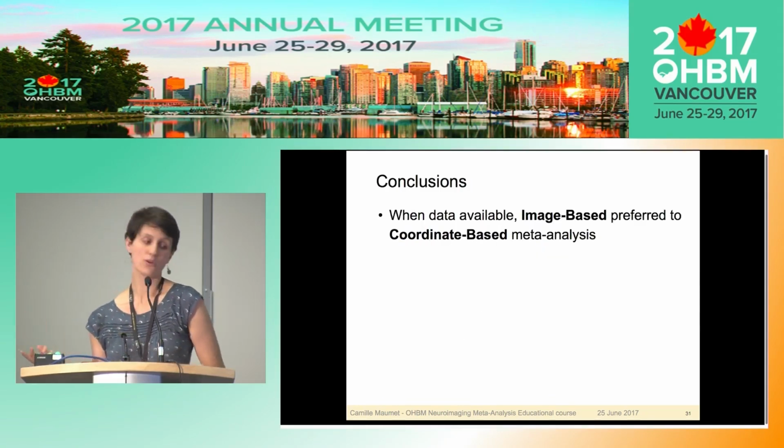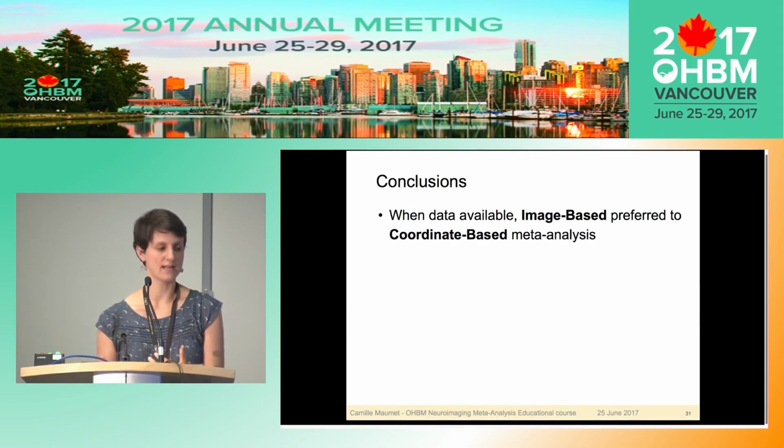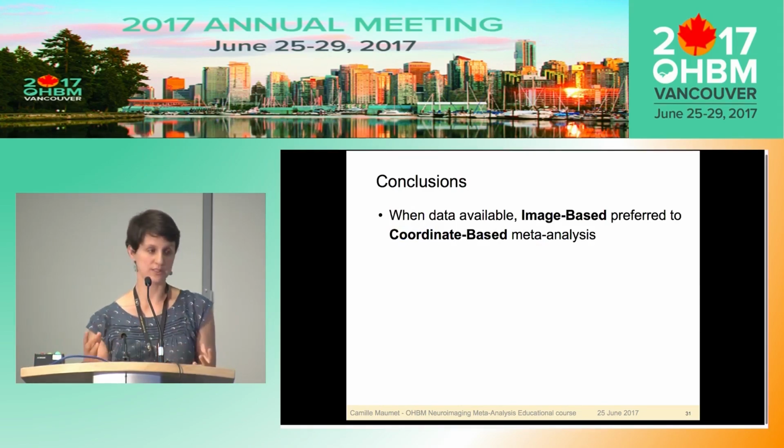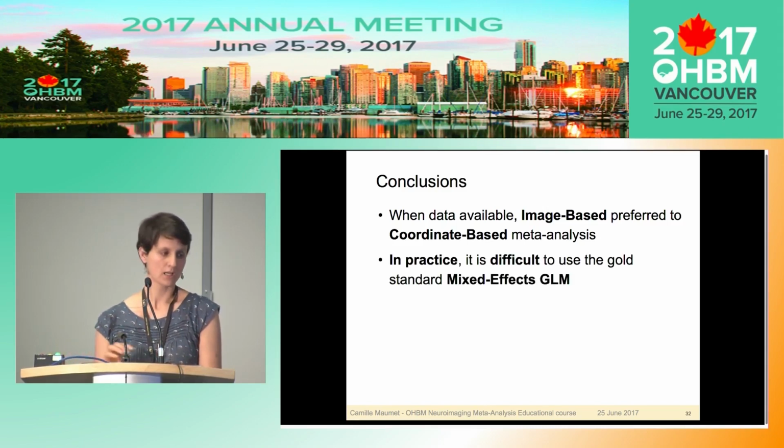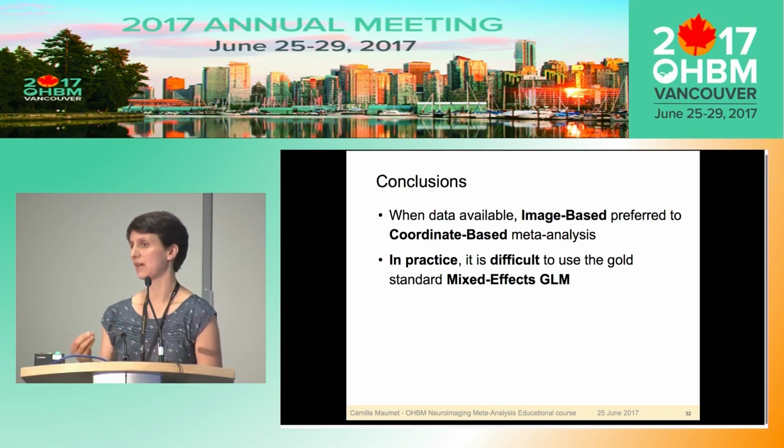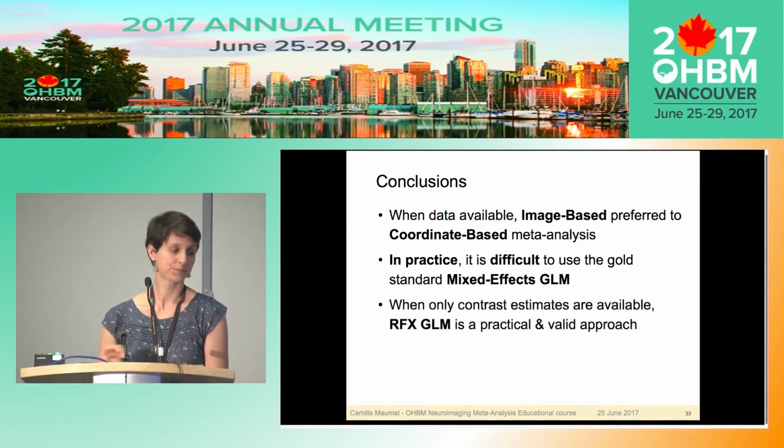So in conclusion, when data is available, image-based meta-analysis should be preferred over coordinate-based meta-analysis. In practice, it can be difficult to do a mixed effects GLM because of the issue of units, and if you want to make sure that all your studies are expressed in the same units, you need to have a lot of information about the original studies.